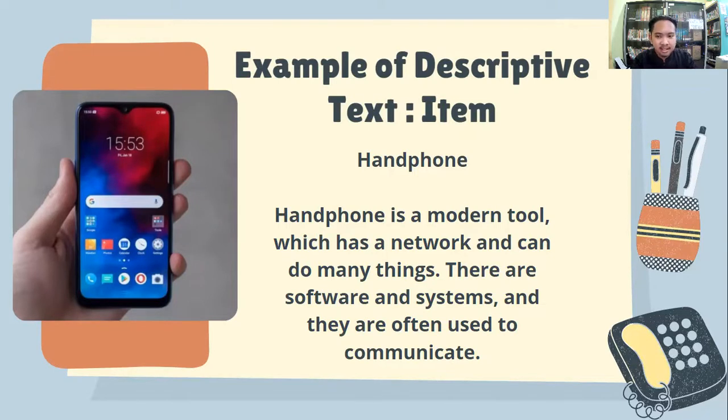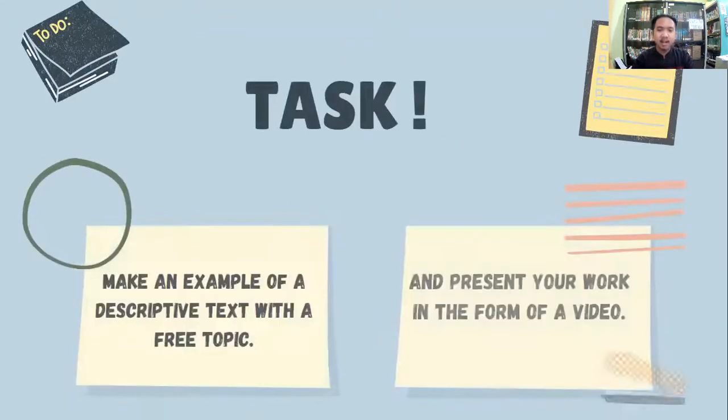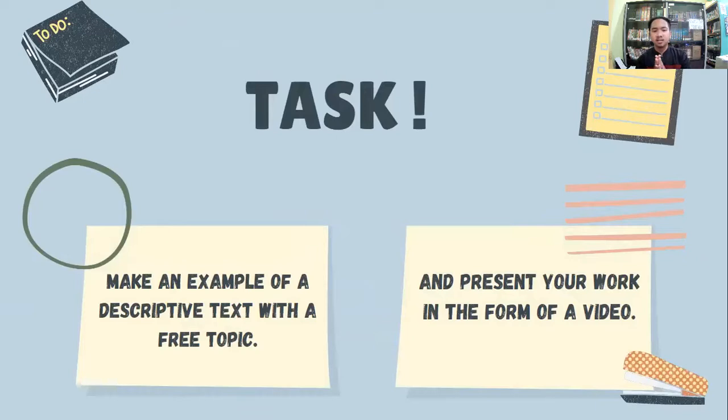This is a gift from me for you. Ta-da! Okay, students, you have a task from me. Number 1, make an example of a descriptive text with a free topic. Kalian jadi buat satu descriptive text dengan topik yang bebas.